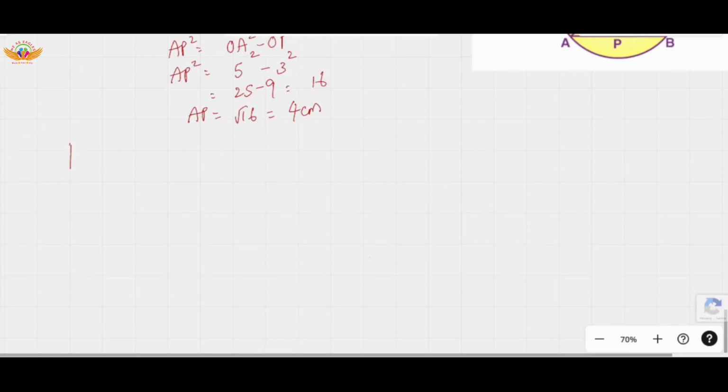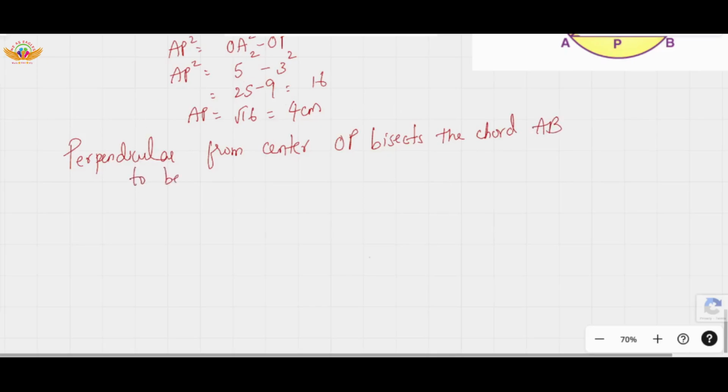So the perpendicular from the center, OP, what is it doing? It bisects the chord AB, which is the larger circle's chord.